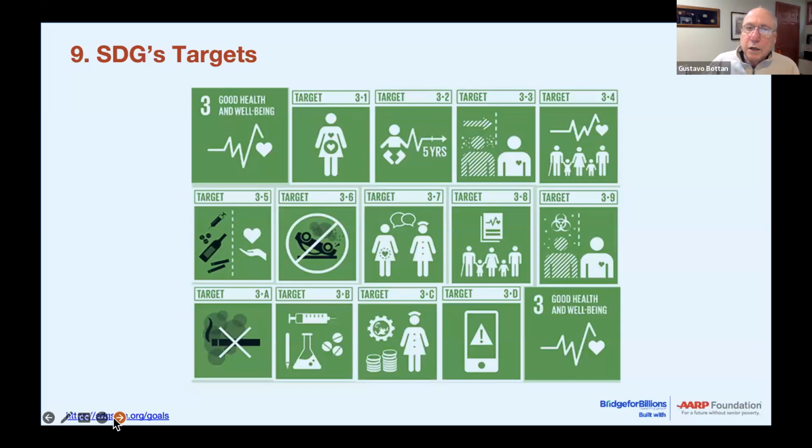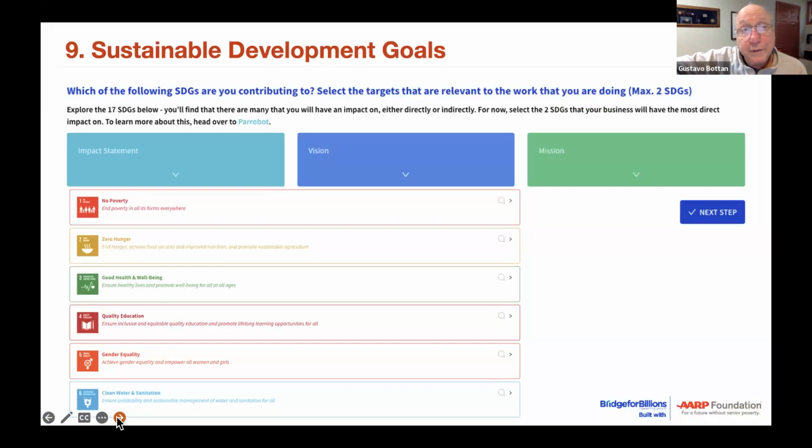So you can use these existing frameworks to start thinking, okay, here's where I'm going to be acting, which could be one or more. And this is actually what you're going to see in the template: a list of these different ones, and you click on one or more, because many times you will find that you are contributing or working towards more than one.